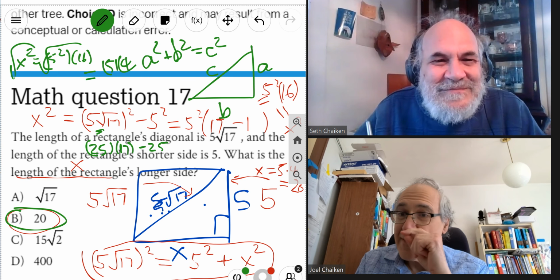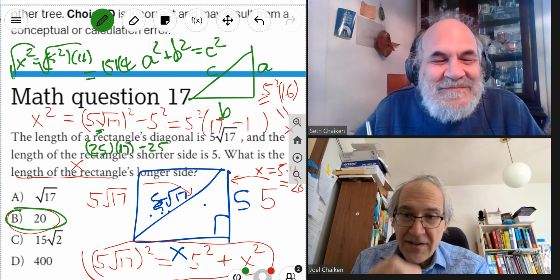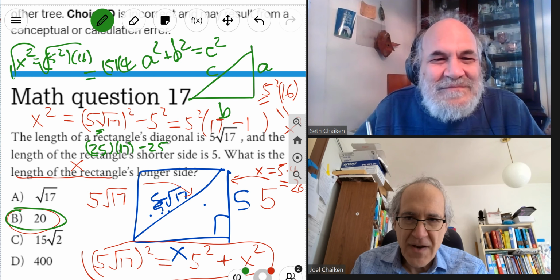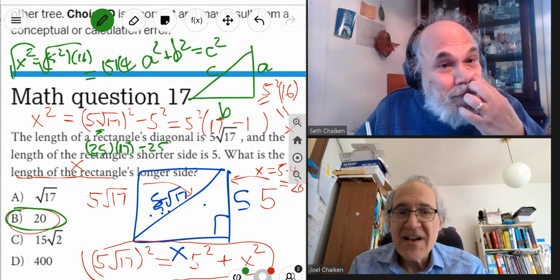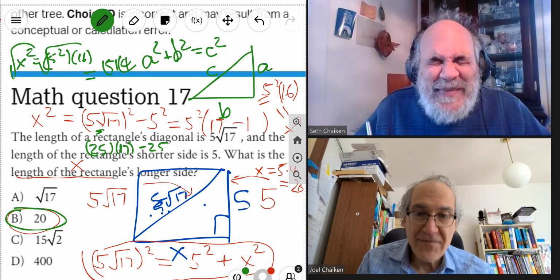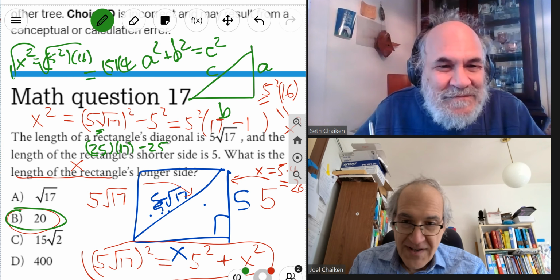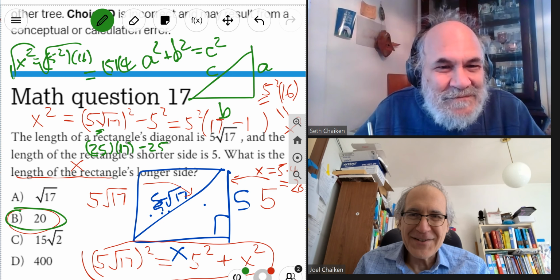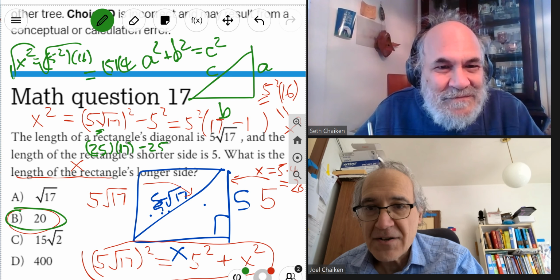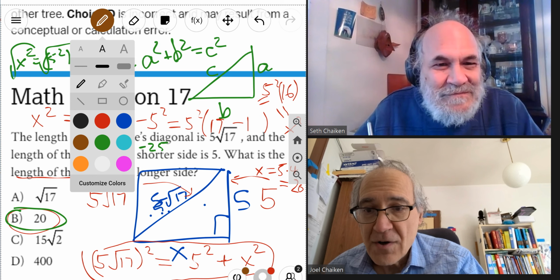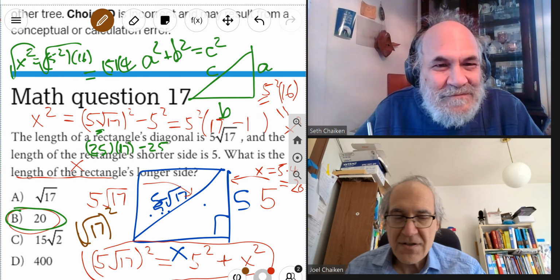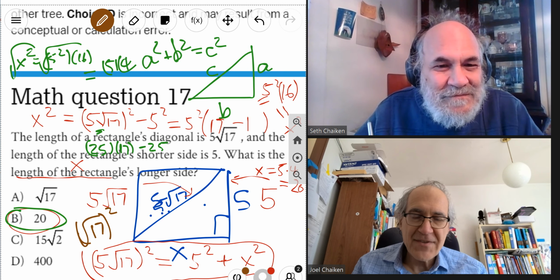But anyway, seriously, if you are going to really use the calculator, as Seth said, you really got to be careful to get those parentheses right, because you have to square 5 times the square root of 17. So if you're a calculator person who does that, practice with the calculator. Make sure you get that done right. If you don't do it as much with the calculator, you certainly have to know what the square root of 17 squared is. That is only 17.